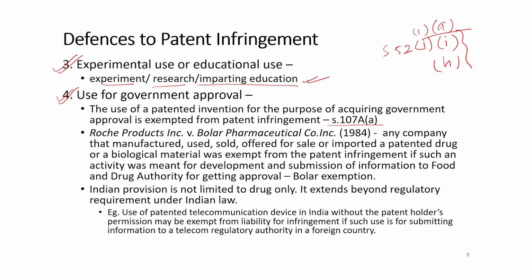So, government use exempted, government use in relation to drugs and medicine exempted, research exemption, exemption for educational purposes. These are the 3 exemptions. The fourth is, if I am using your invention to generate information which I will be using for the purposes of getting manufacturing approval, then I am exempted from liability.